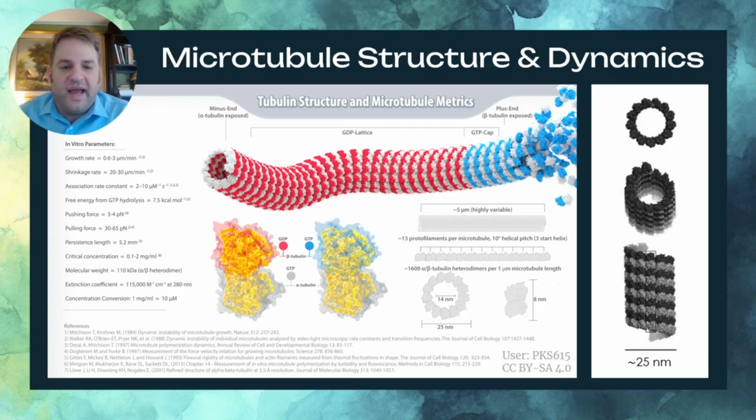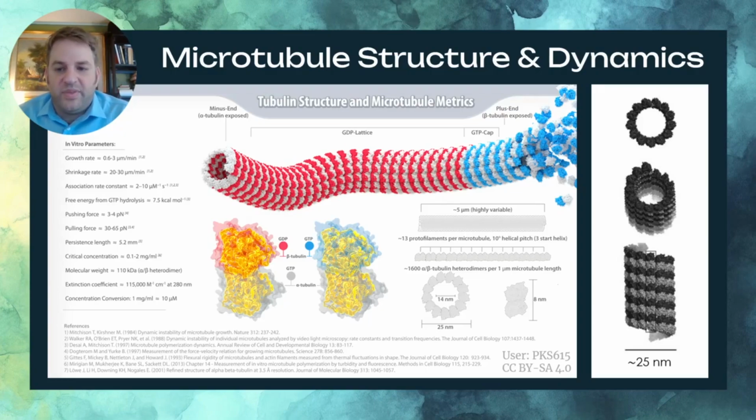The list goes on, but the idea is that the microtubules are built of these tubulin monomers that combine to form dimers. You can see a pair of dimers in the center of the slide. The dimers tend to come preloaded with the cellular currency GTP, similar to ATP, if you've heard of that. And as the microtubule grows and transforms dynamically in time, the GTP is hydrolyzed into GDP.